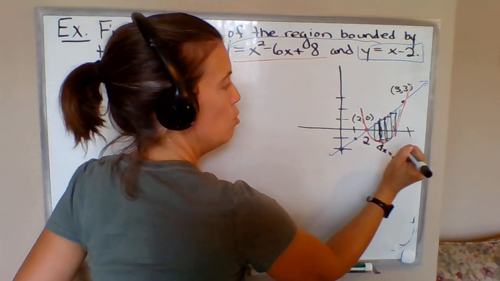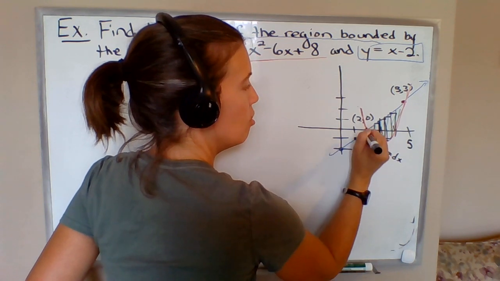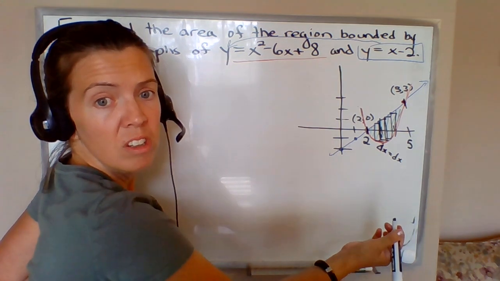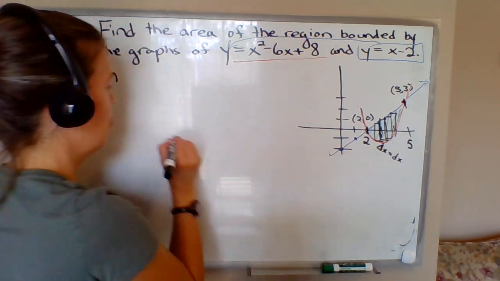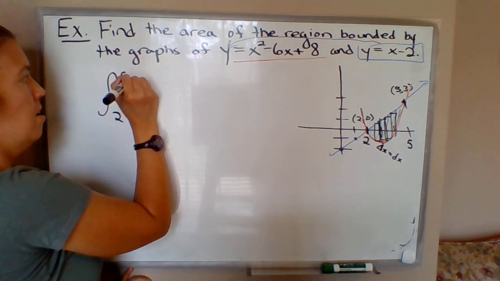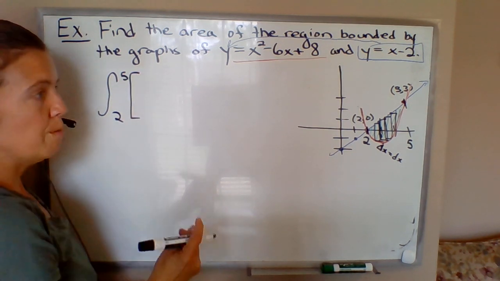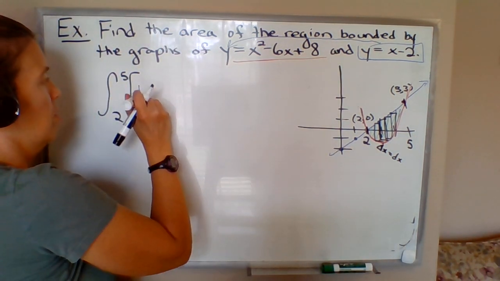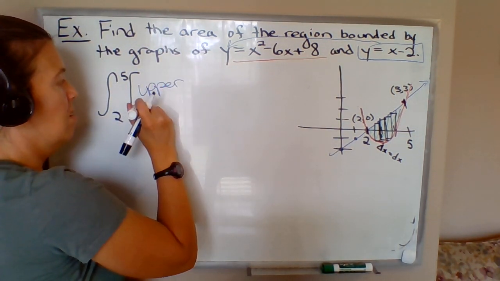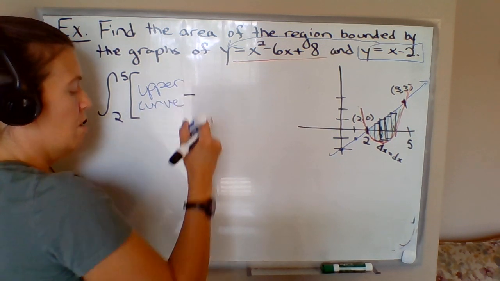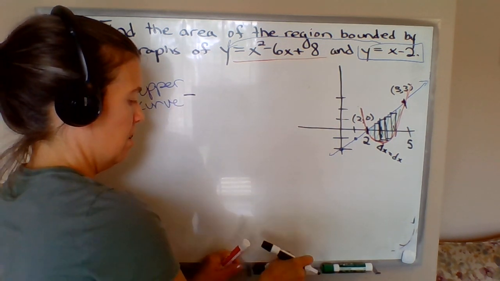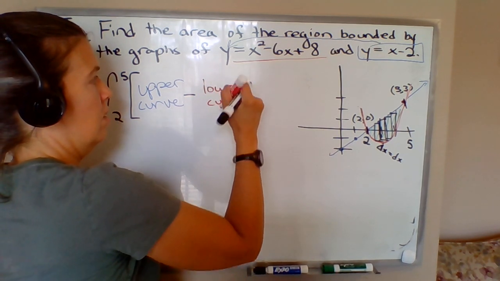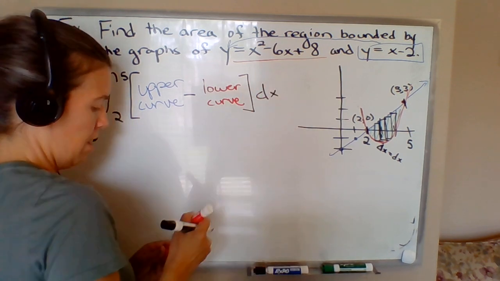To find the area of that region, we do the integral as x goes from 2 to 5, because that's the lowest x and the highest x that corresponds to this region. As a general rule of thumb, you do upper curve minus lower curve. So the expression that gives us the upper curve minus the expression that gives us the lower curve, integrated with respect to x.